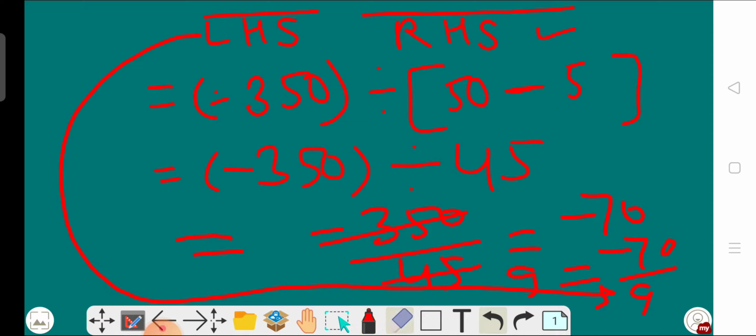In the same manner, we will solve our right hand side.